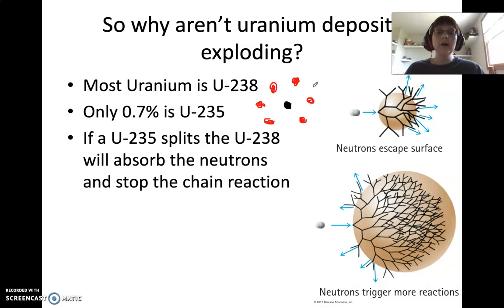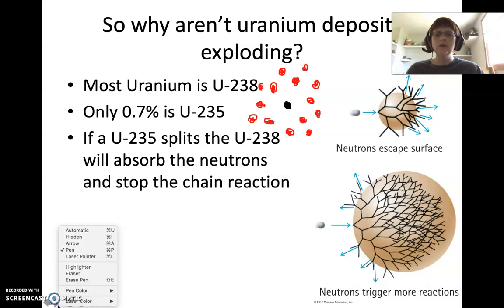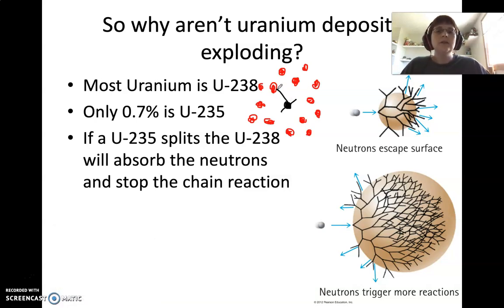So no matter what, if this 235 goes off in any direction, because the percentage is so small, if that 235 were to split, its neutrons, if they go in any direction, are going to end up hitting one of these 238s.